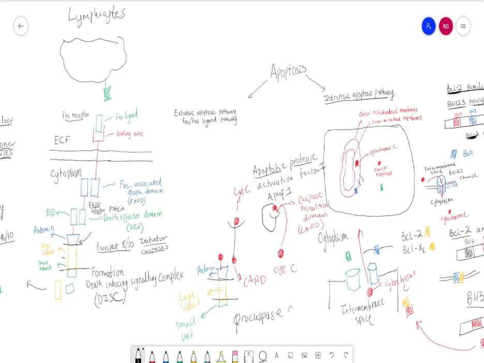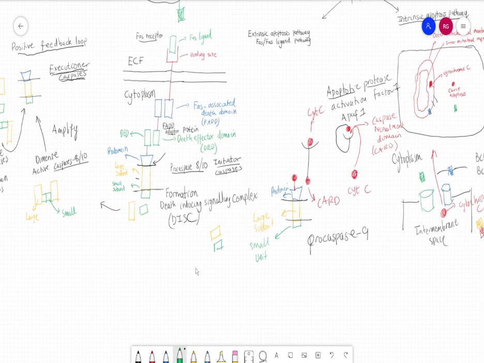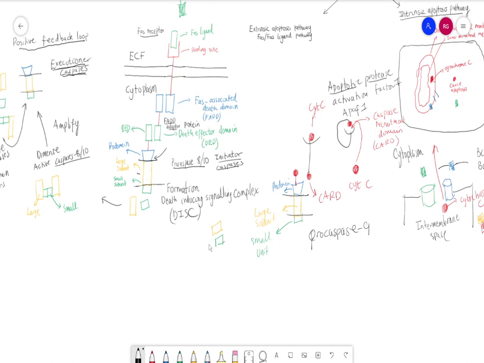And what's the cleavage going to do? It's going to release the large subunits, the small subunits, free into the cytoplasm. And of course, they can go dimerize to form active caspases. This time it will be active caspase 9s. So slightly different caspase 9s, but it's going to have the same job.